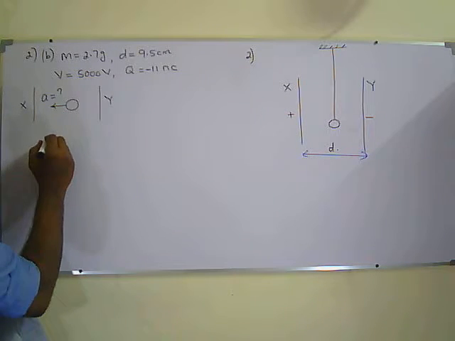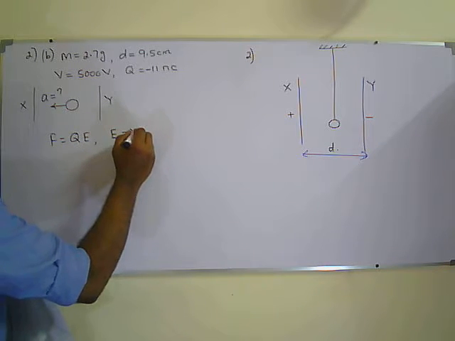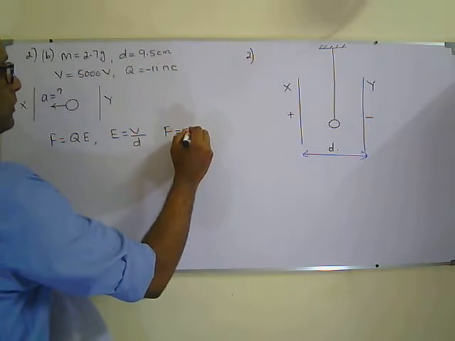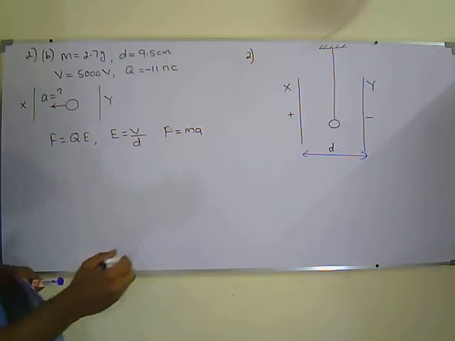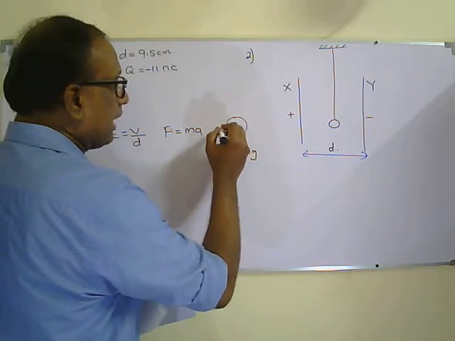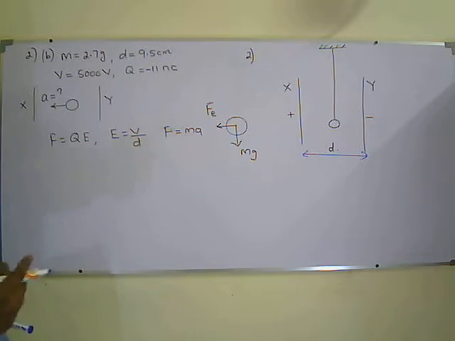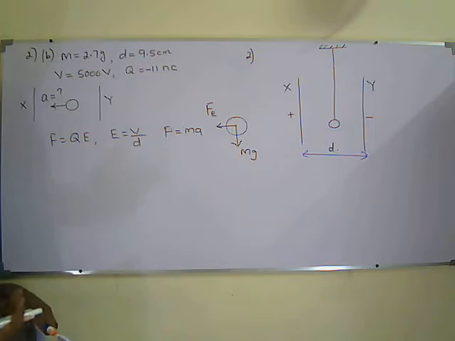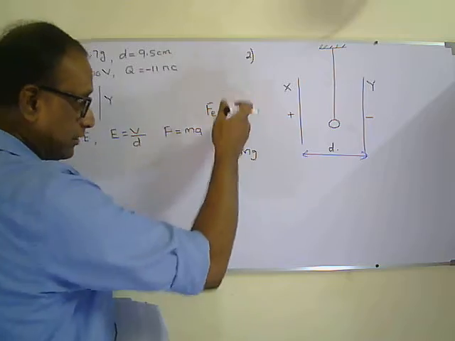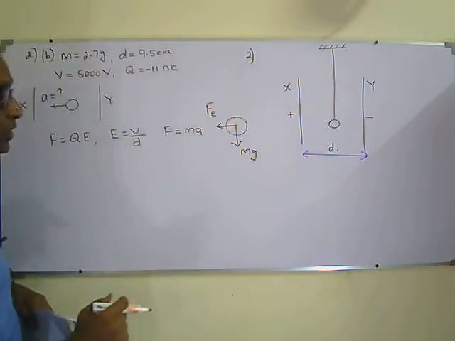So we know that F equal QE and E equal V over D. And also we are going to use F equal ma, Newton's second law. When you think about the free body force diagram of the ball, it will have weight downwards and the electrostatic force will be in horizontal direction, because electric field lines are horizontal, as we already showed. The weight is in vertical direction, so it won't have any horizontal component.